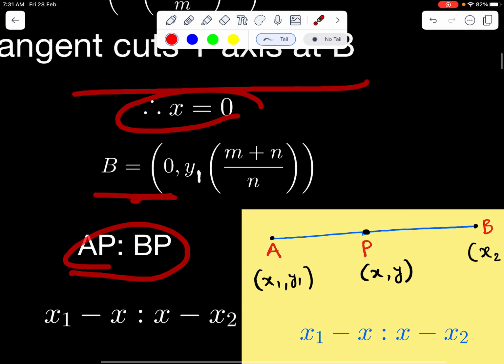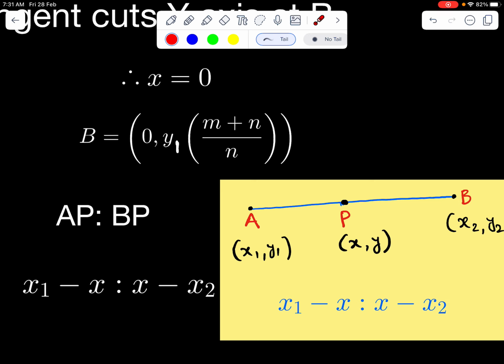Here you can observe AP : PB. Therefore, this is the formula: (x1 - x) : (x - x2), or (y1 - y) : (y - y2).